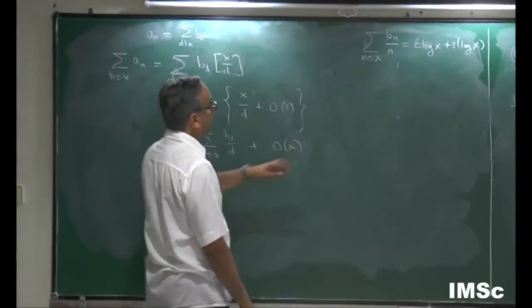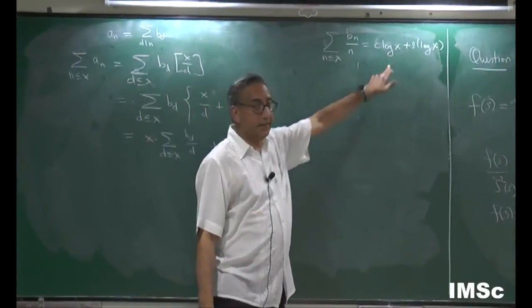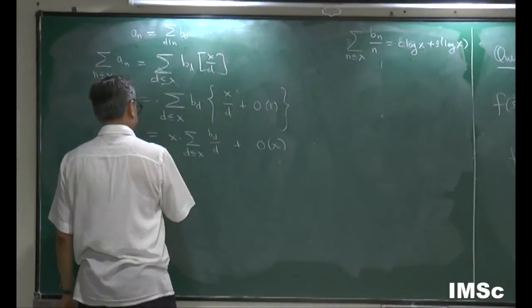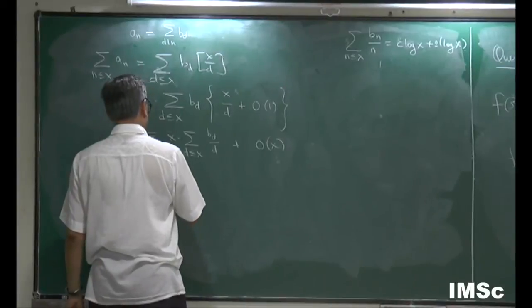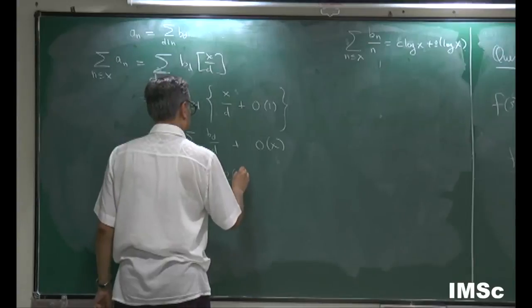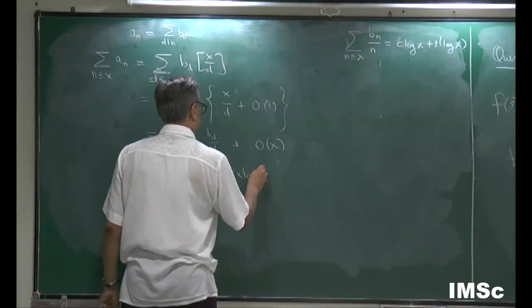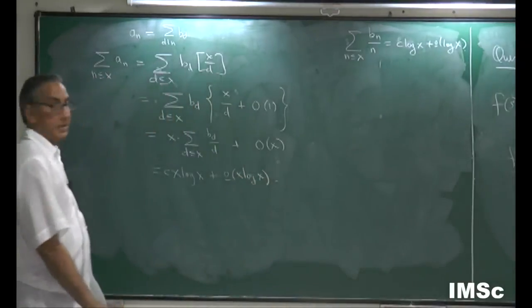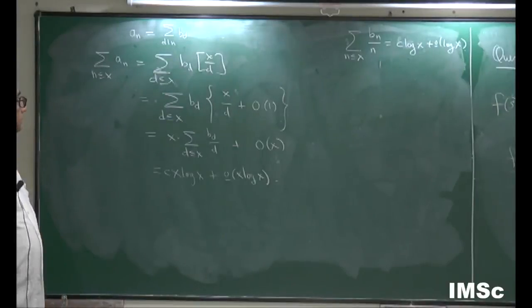And then by partial summation, you have this. You get something like that. Okay, you could do that.